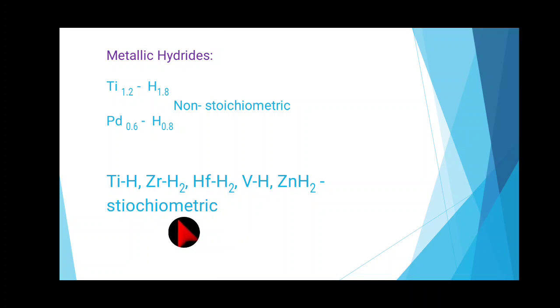Now, some of the metallic hydrides are stoichiometric hydrides: titanium hydride, zirconium hydride, hafnium hydride, vanadium hydride, zinc hydride. So the general formula we can say MH or sometimes MH2. M means metal, H hydrogen, acting as hydride.